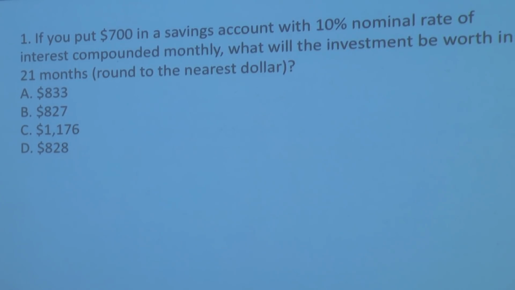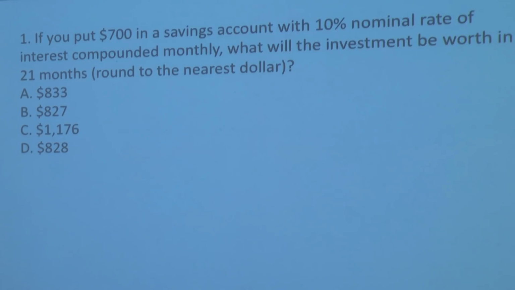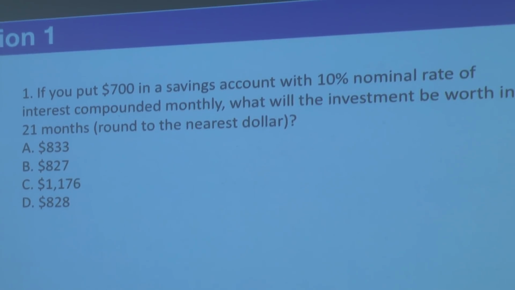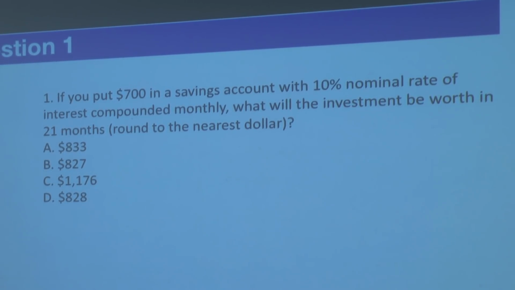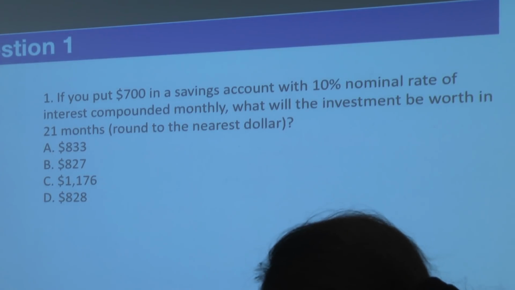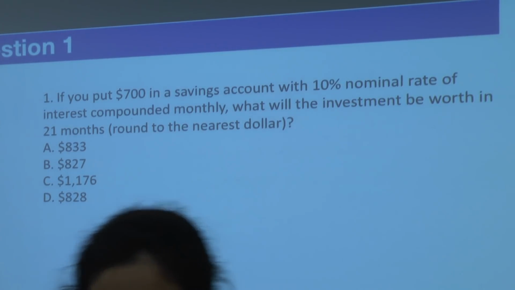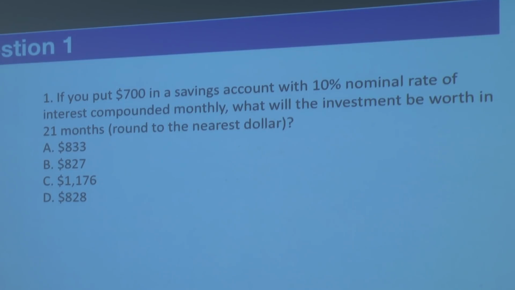The first question you had to prepare for today: you put $700 in a savings account with 10% nominal rate of interest, compounded monthly. What will the investment be worth in 21 months? Round to the nearest dollar. First of all, is this a present value or a future value question?